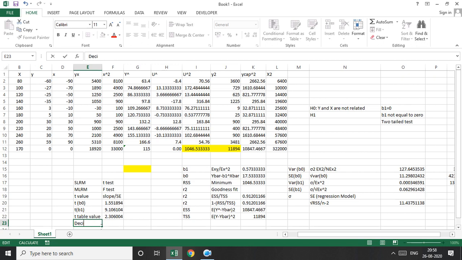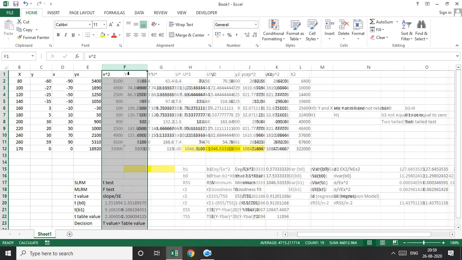So what is the decision? If t values are greater than the table value, you reject the null hypothesis.